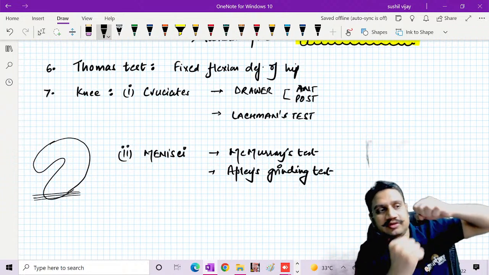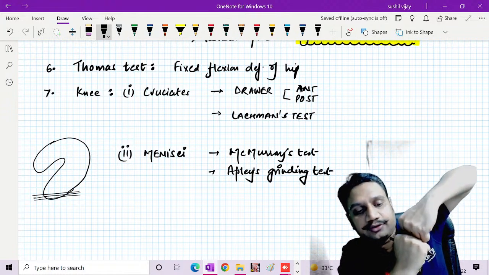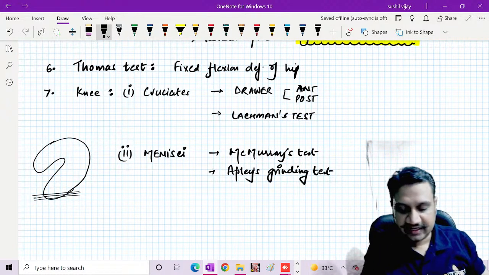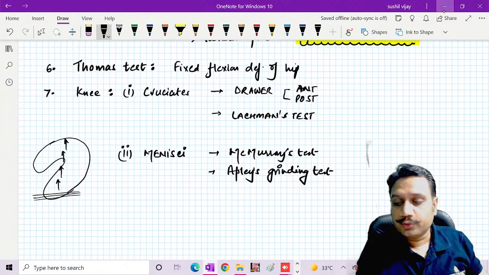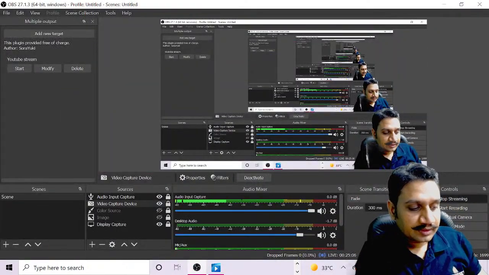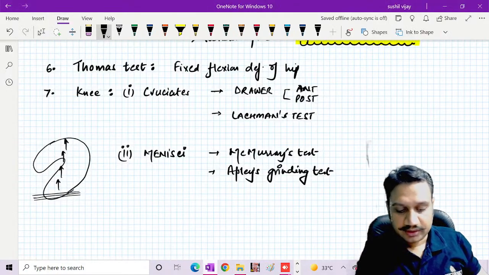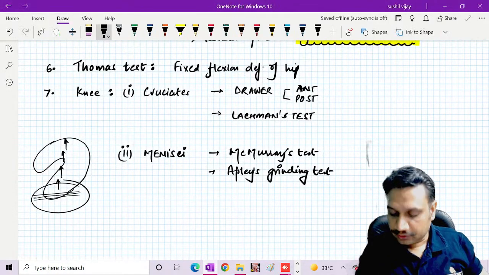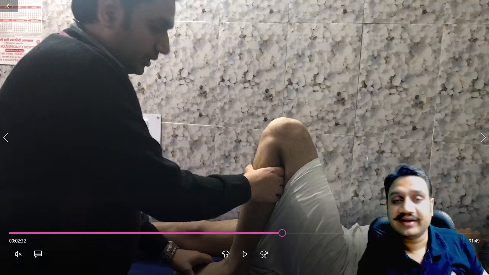As we extend the knee from the flexed state, it goes straighter and straighter, and it keeps on covering more and more of the meniscus. So when we are hyperflexing the knee, we are actually testing this part of the menisci. Now see the video of how it is being done. The patient's knee is hyperflexed now.